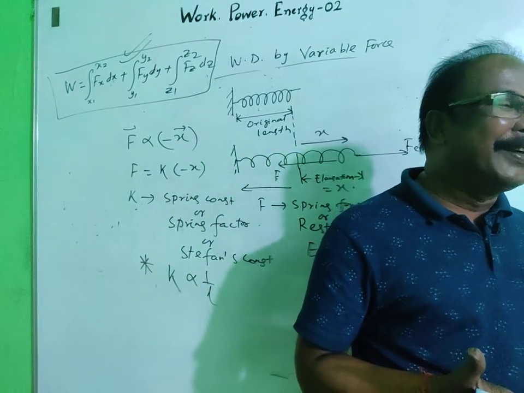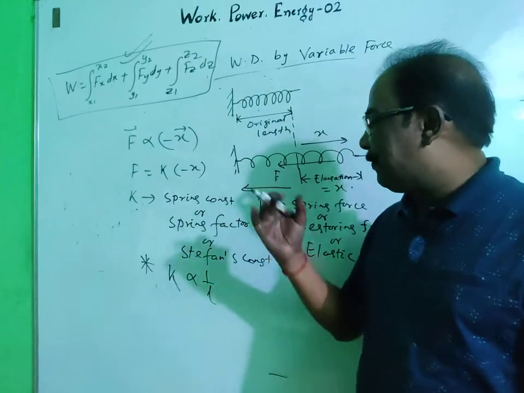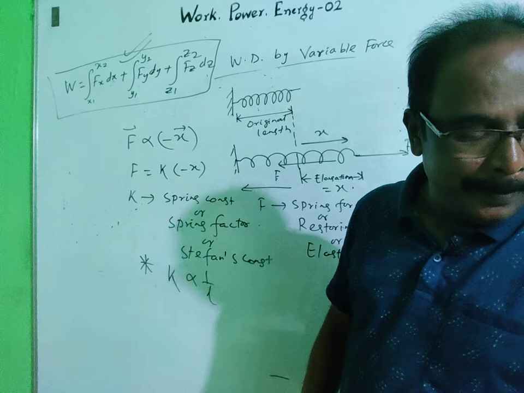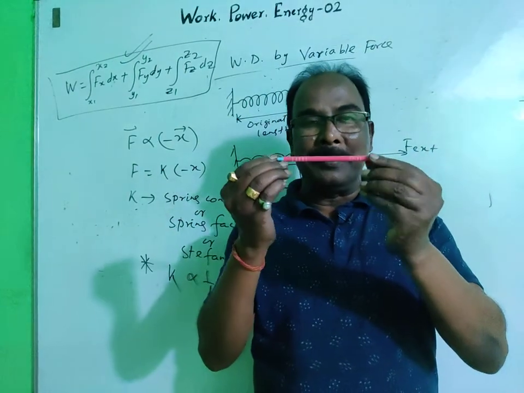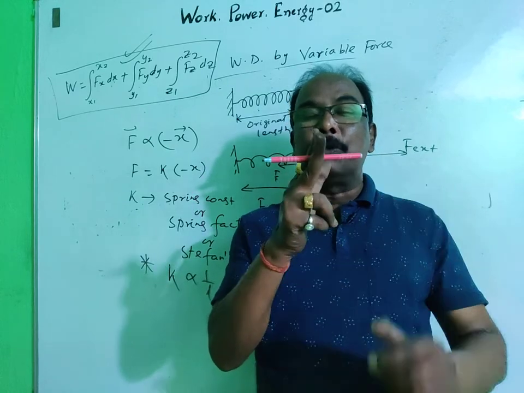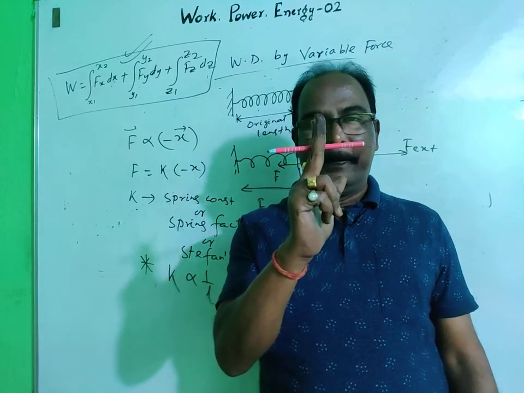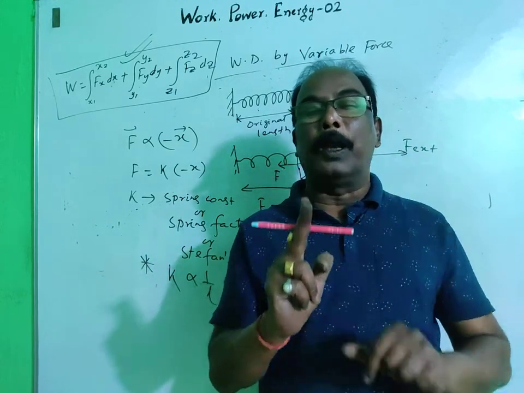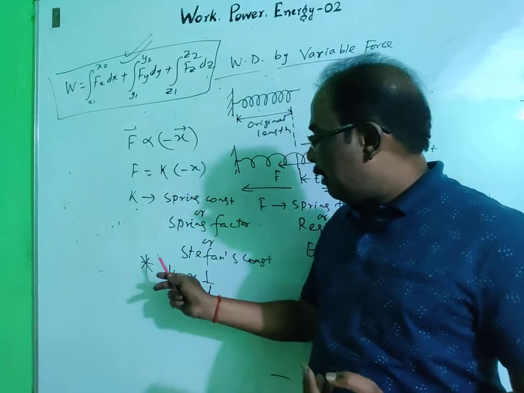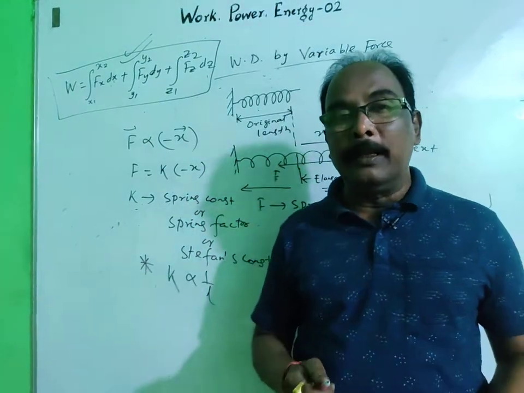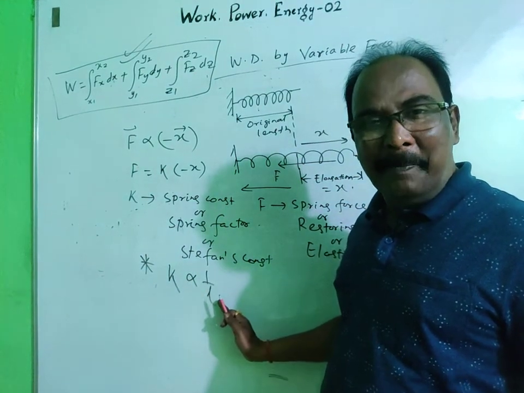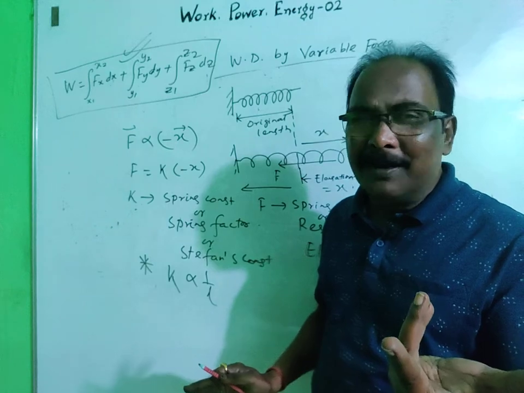It means, if you consider this is a spring, total length is L. If the spring is cut into two equal parts, what will happen to the spring constant of each part? Spring constant is inversely proportional to length. If length is halved, then the spring constant will become double.